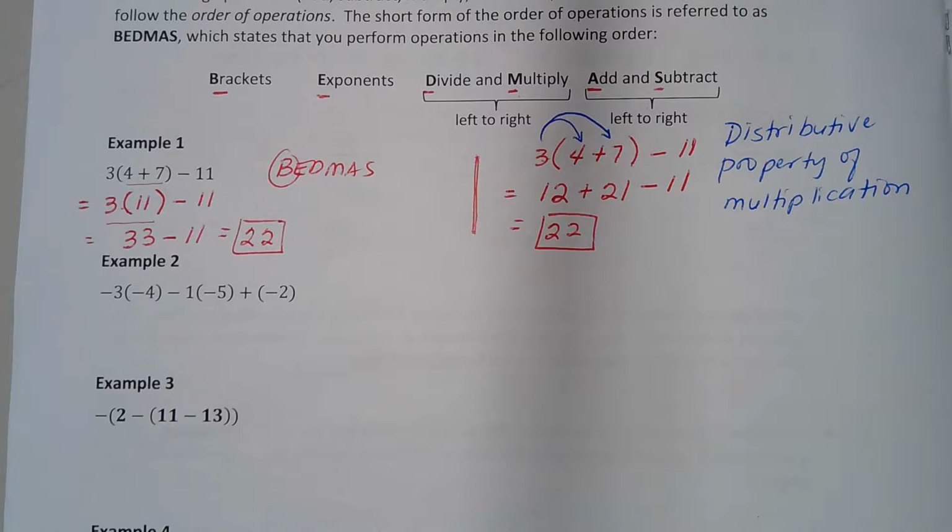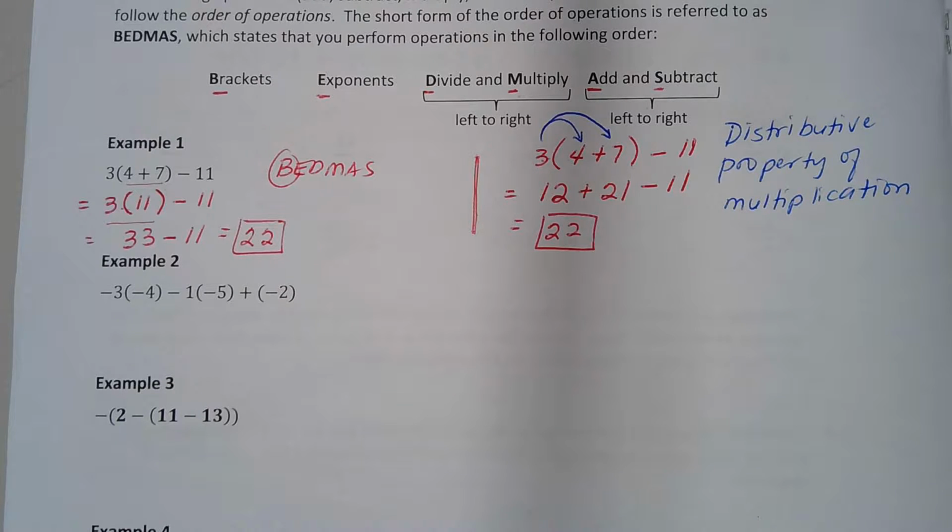Now, it's kind of interesting. When we were much younger, our multiplication used to be an X, right? And then later on, they changed it to the dot that shows multiplication.